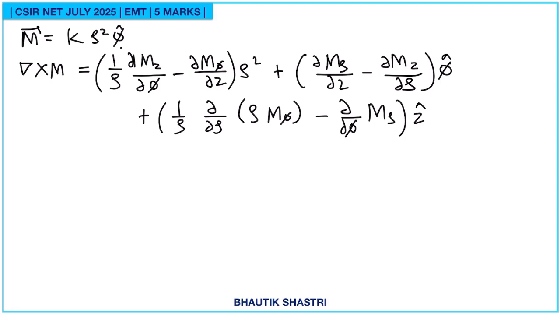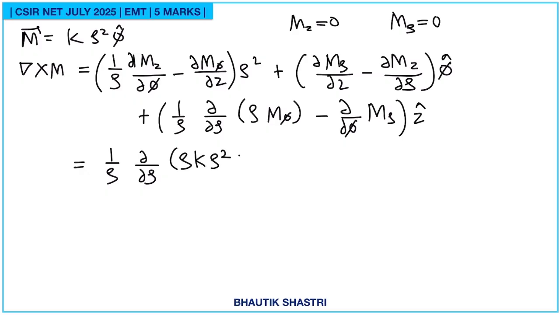But only the phi cap term is there, so mz is 0 and m rho is also 0. So finally we are left with this one term only, which is 1 by rho dou by dou rho of rho k rho square into z cap. So this will be 3 rho square k by rho, that is 3k rho z cap.